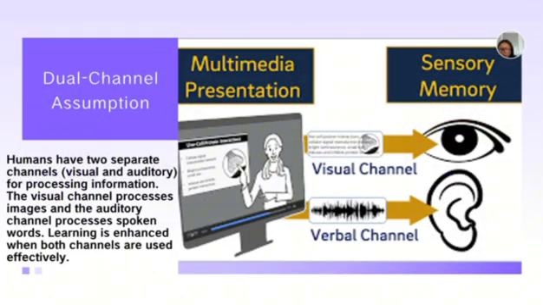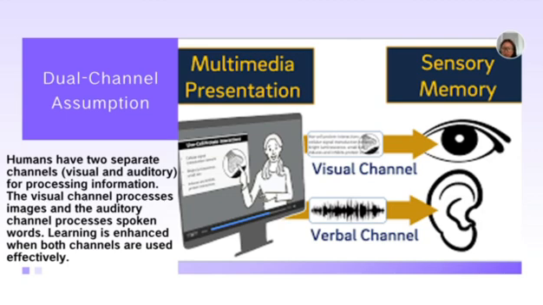The first is the dual-channel hypothesis, which is based on an important principle. The human brain has 2 independent information processing channels, the visual channel and the auditory channel.